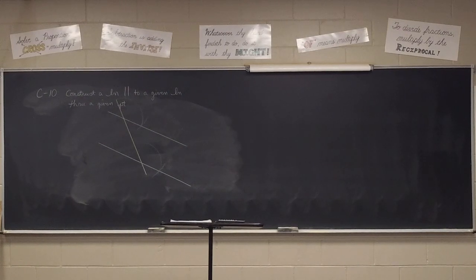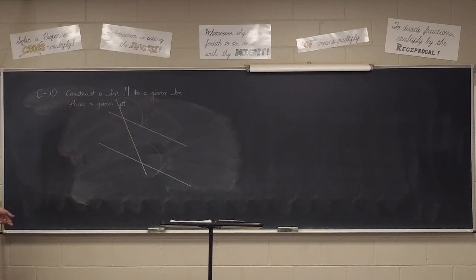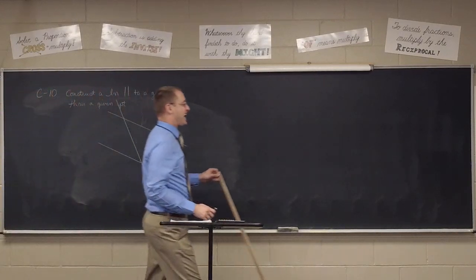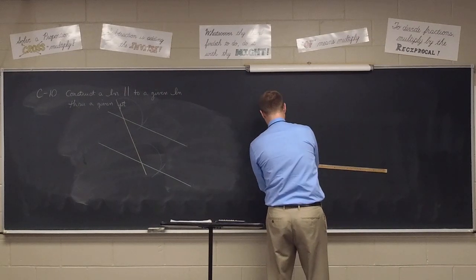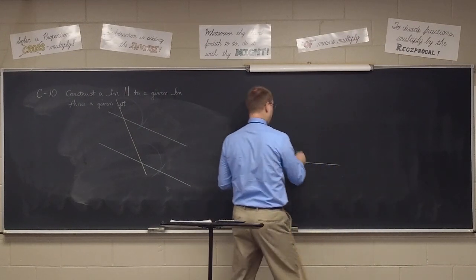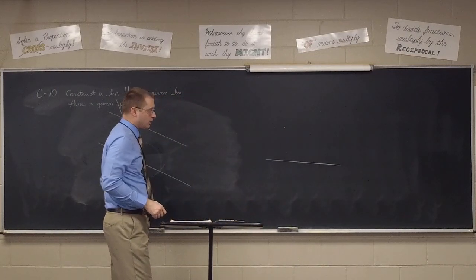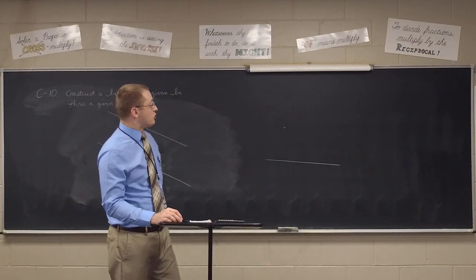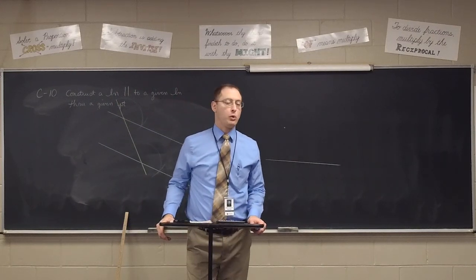Looks pretty good. Now there's another way you could do this construction, and I'm going to show it to you just as an option, okay? This method tends to be the quickest way, and I'm lazy, but there is another way. Go and draw a line. Pick a random point. Because when we think of parallel, we think of equal angles.